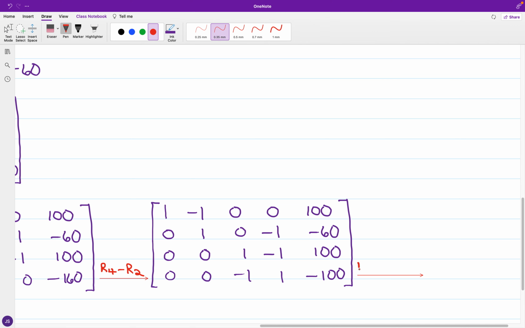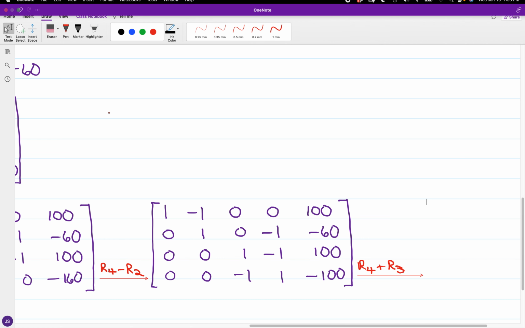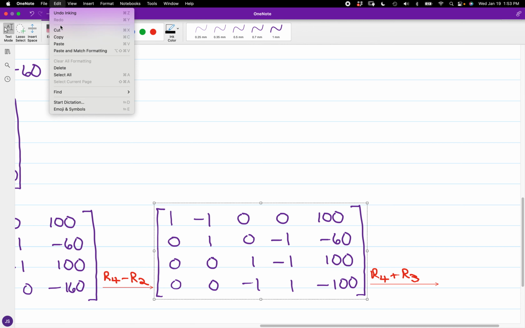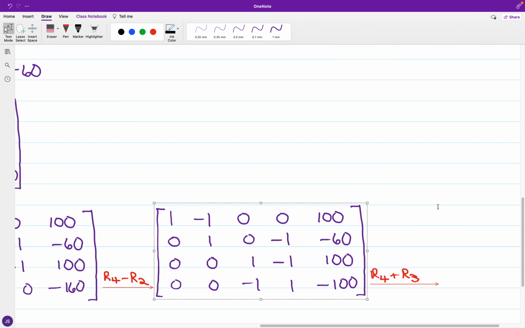Putting it in the form of R4 plus R3, again just copying, and again it's just the last row that will be affected.